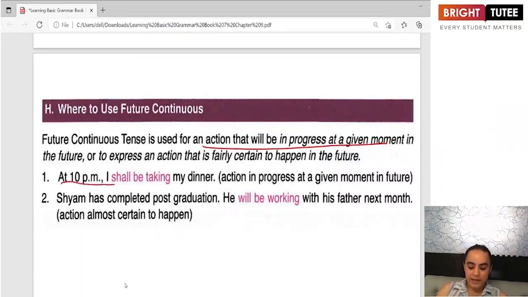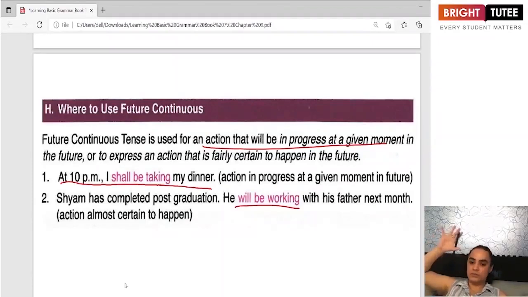At 10 p.m., I shall be taking my dinner. So this action will take place in the future at 10 p.m. and it will take place in continuity. So this is shall be taking. Sham has completed post-graduation. He will be working with his father next month.